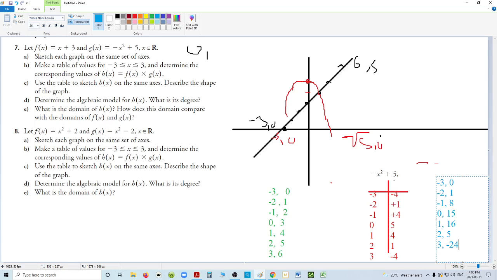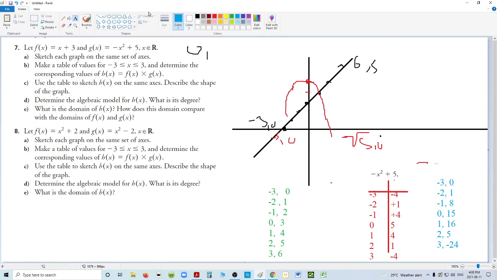Yep, there we go. So if I graph my new blue dots, I get minus 3, comma 0. Notice they share the same dot. That's because there's a 0 there. We're also going to share the same dot at square root of 5. Minus 2, comma 1. Minus 1, comma 8.